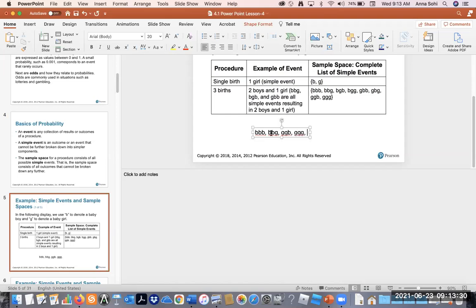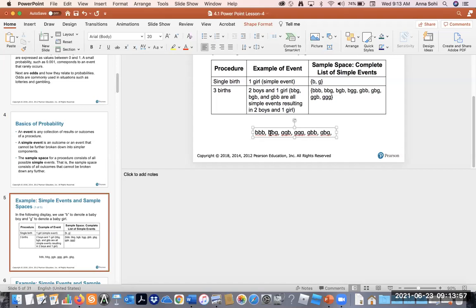Then you would say, what if I have a girl, then a boy, and then for the third option, I can have another boy, or I can have another girl. So it would be girl, boy, girl, and so on and so forth. Then you go and say, so far you had two boys in a row, two girls in a row.